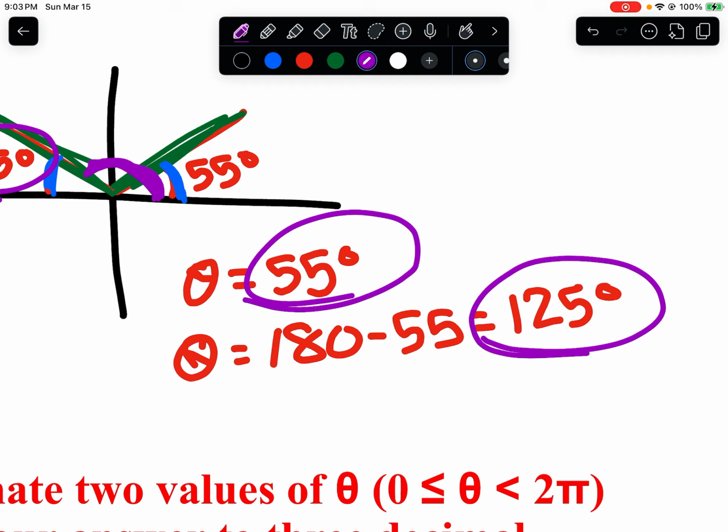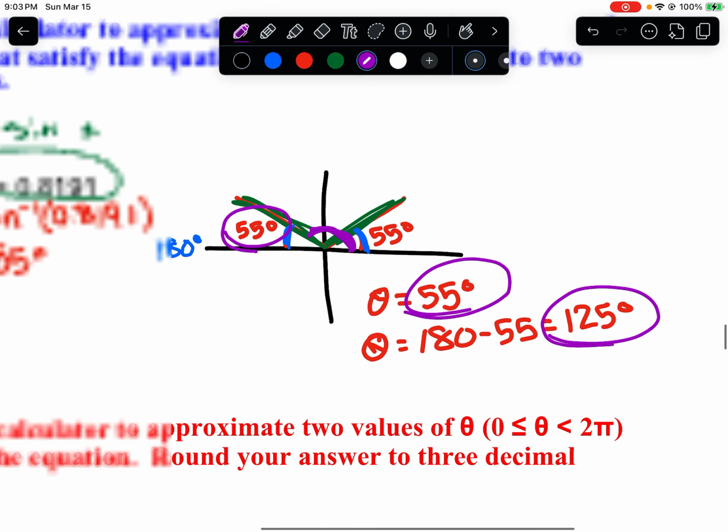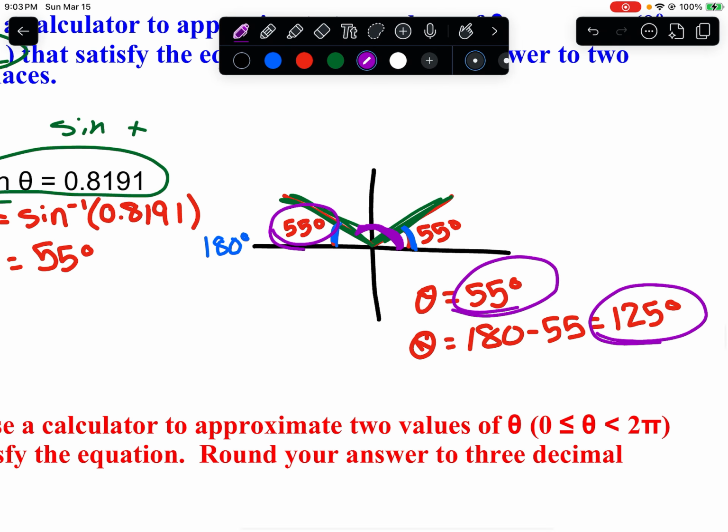And so, like I said, if you were to take your calculator and type in sine of 55, you're going to get 0.8191. But if you also type in sine of 125, you're going to get the exact same thing.